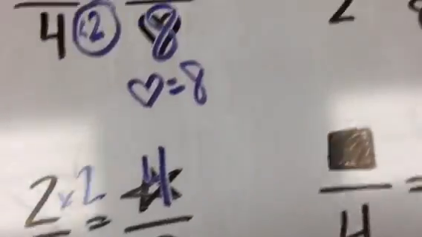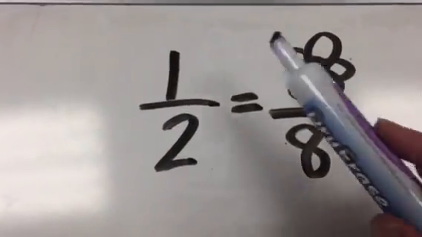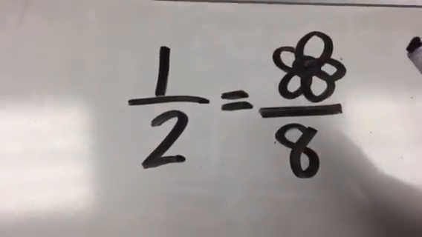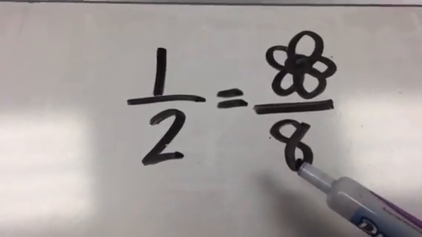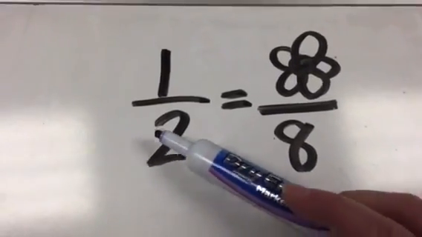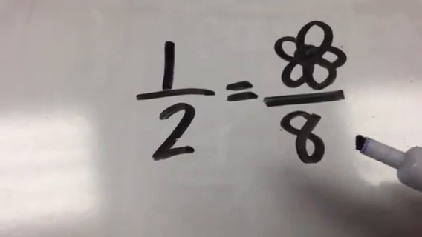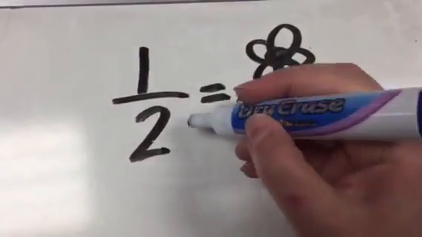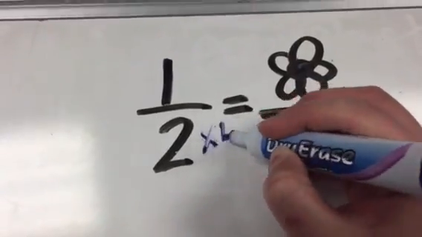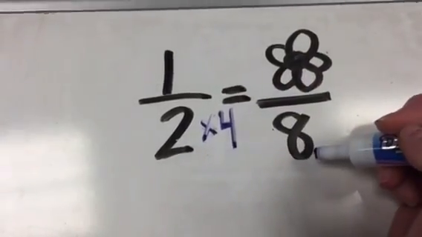Let's try another one. Do I know how to get from 1 to flower? No. Can I figure out how to get from 2 to 8? Yeah. How can I get 2 times what gets me to 8? 2, 4, 6, 8. 2 times 4. 2 times 4 is 8.